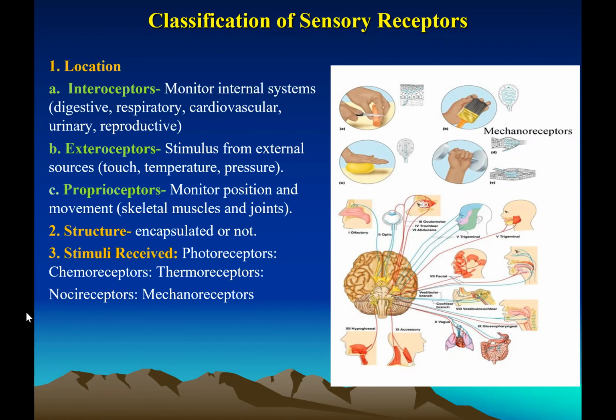Proprioception is the monitoring of the position of skeletal muscles and joints, so it can monitor the position of your body in space. The receptor can either be a specialized, encapsulated structure, or it can be a free nerve ending. They are also classified according to the stimuli received. If it receives light, it's called a photoreceptor. There are chemoreceptors for chemicals, thermoreceptors for temperature, nociceptors for pain, and mechanoreceptors for pressure.